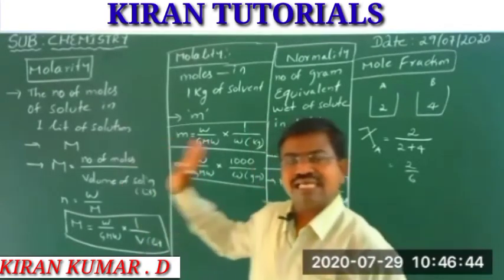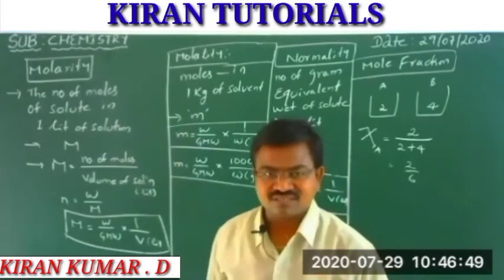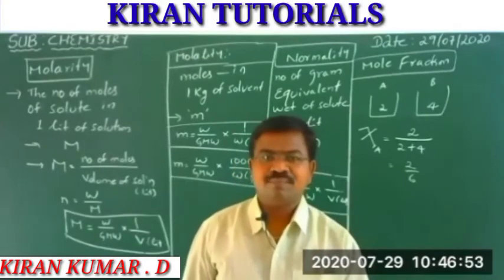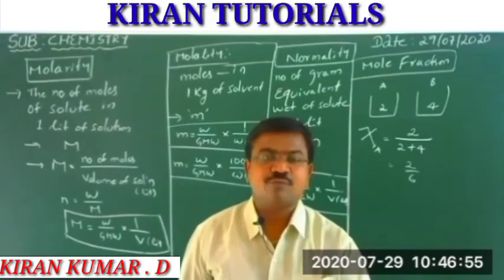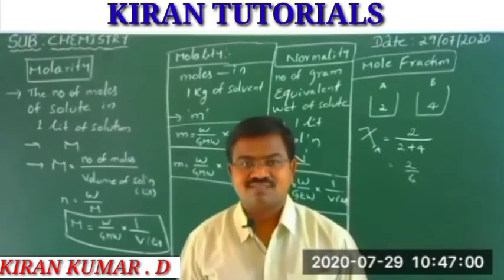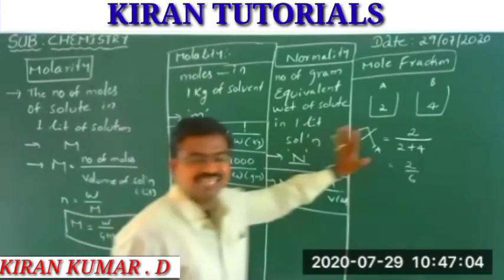These are the 4 important concentration terms for competitive examinations like JEE Mains, NEET and others. These are the most important topics for numericals. Clear? So that is about the concept.